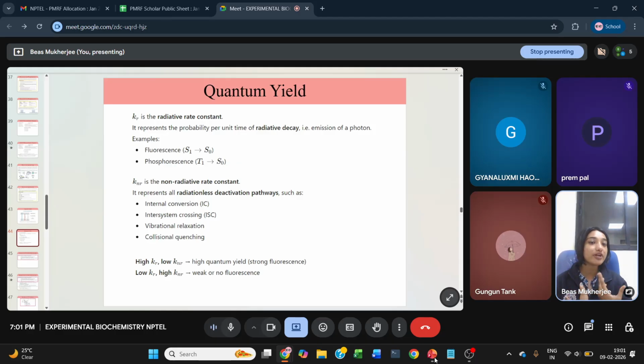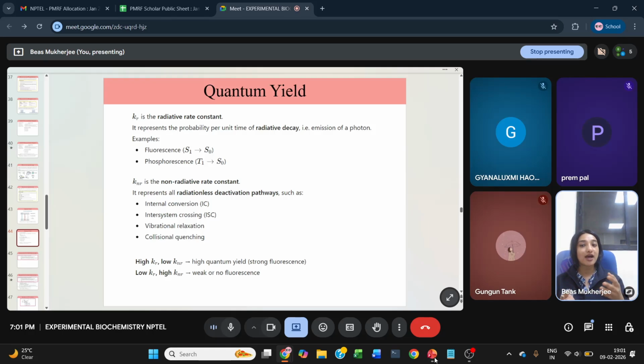It represents all radiationless deactivation pathways such as internal conversion, vibrational relaxation, collisional quenching. That means two molecules hitting against one another, some energy is lost, all of these different things are happening, because of which there is some energy loss. So we are taking all of that into consideration as well, and that is your KNR term.